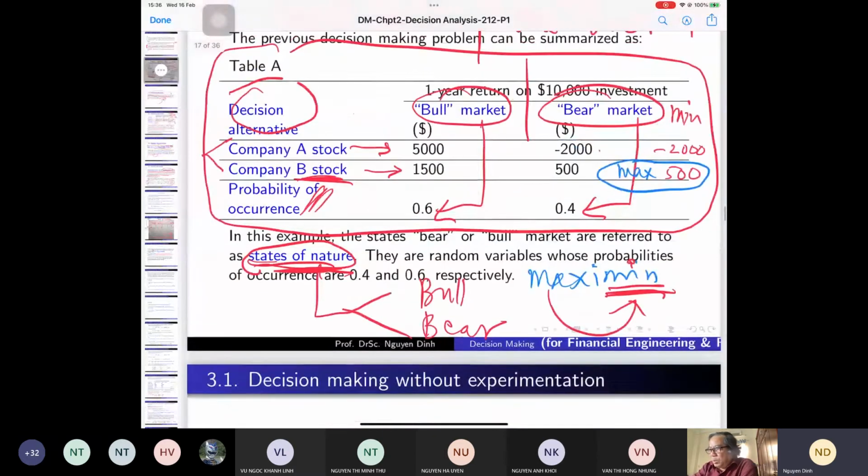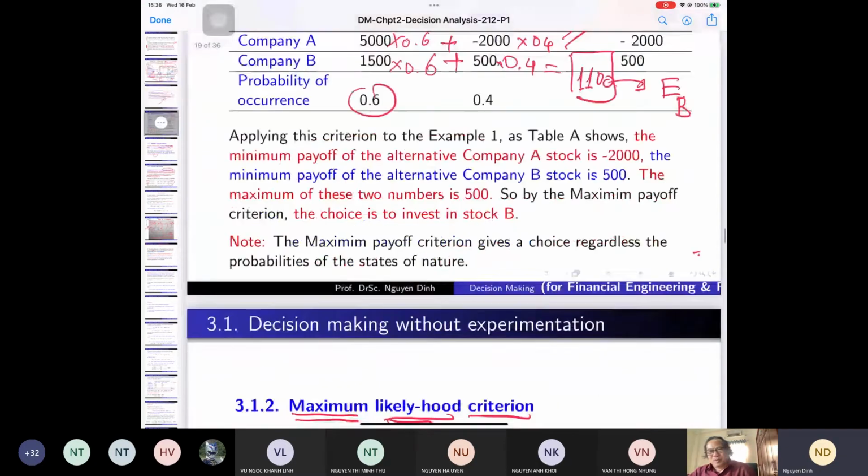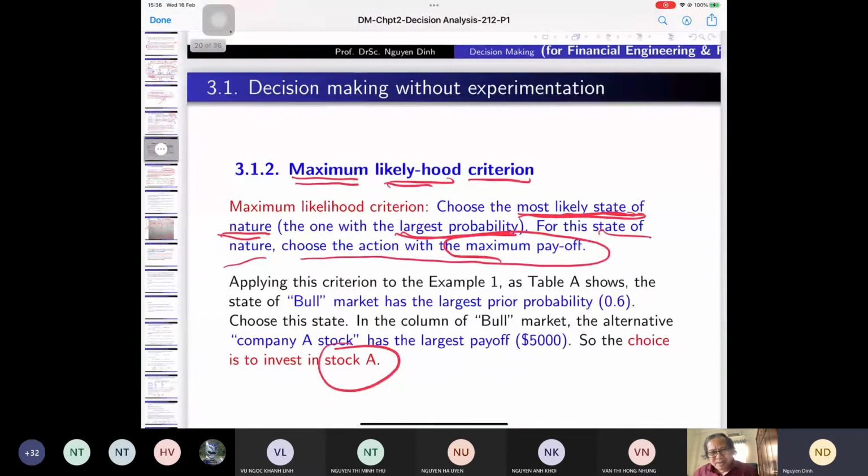You will see that the probability of occurrence here, we call prior probability. The probability was taken from the experience in the past or something like this. Is that okay? Not the data. So now we call it prior probability. But what we want to do now is make some more experiments.